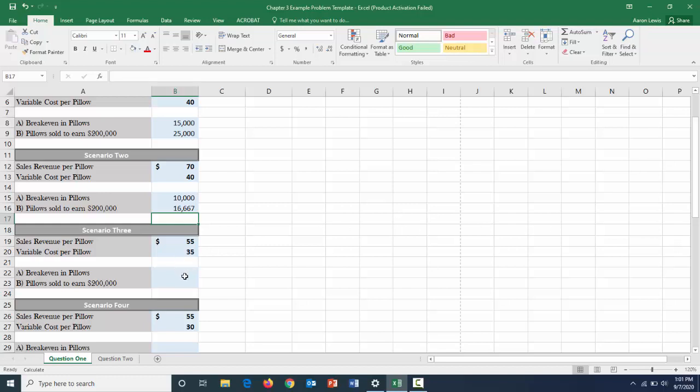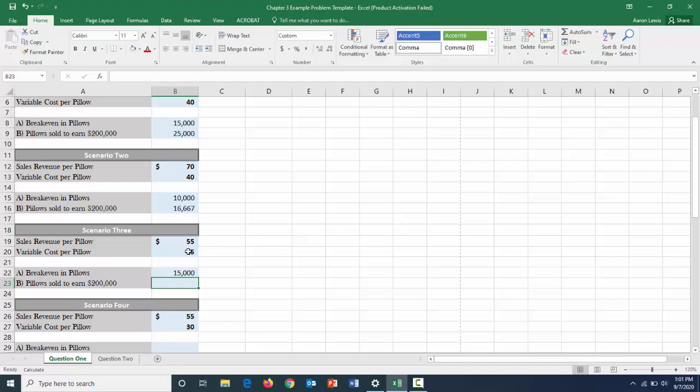In scenario 3, we're going to sell these pillows for $55 apiece, but we're going to lower our variable cost to $35. What's our break-even going to be? Well, our fixed costs don't change. Still 300,000 divided by our contribution margin in this scenario, which is the difference between our $55 selling price and our $35 variable cost of production, or a $20 contribution margin, if you will.